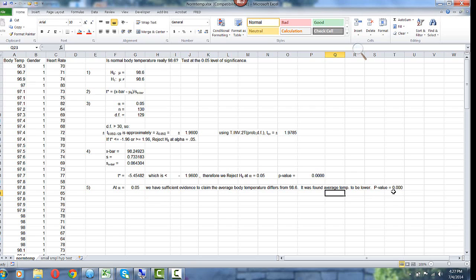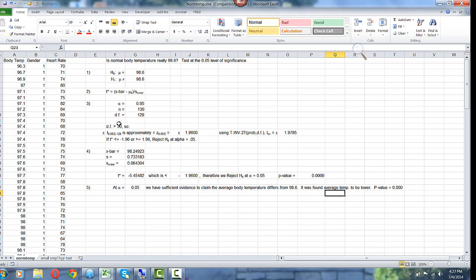But if the p-value is 0.02, someone who wants to do the test at 0.01 would actually not reject it. They would fail to reject the null. So listing the p-value gives other individuals a chance to make their own decision, and it's helpful to provide that if we can. So that's a hypothesis test.